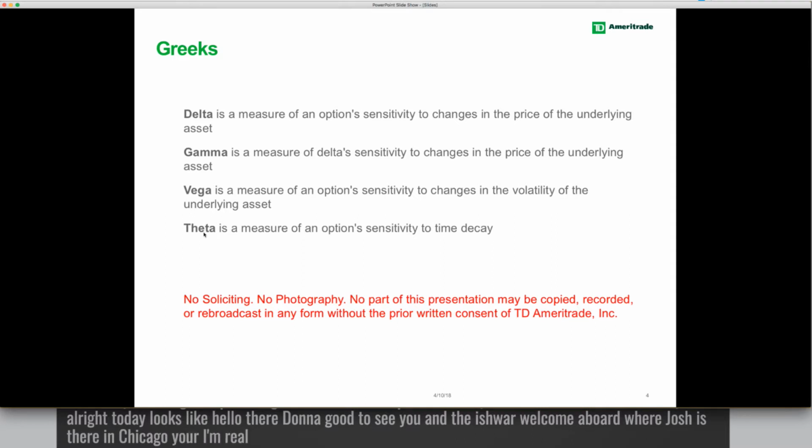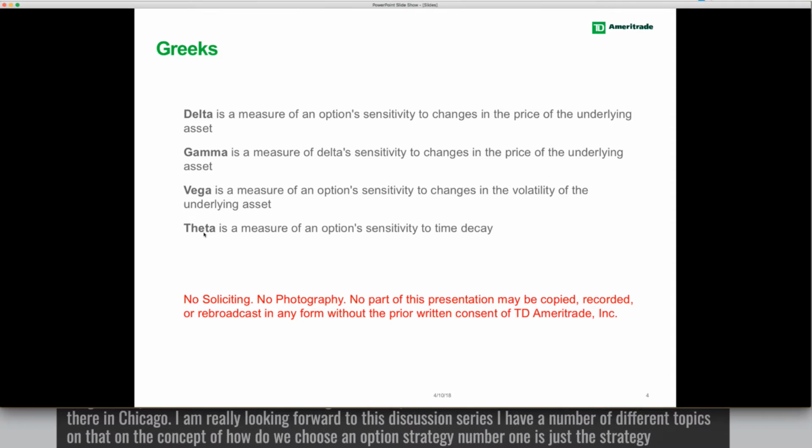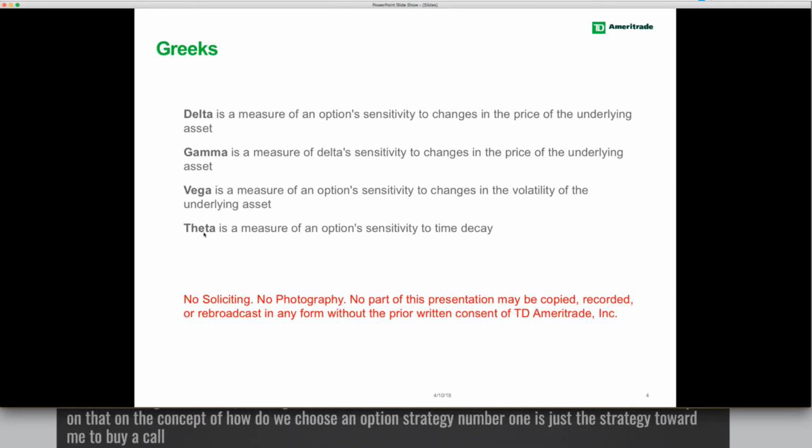Yeah, I am really looking forward to this discussion series. I have a number of different topics on the concept of how do we choose an option strategy. Number one is just the strategy itself. That's what we're going to talk about today. Do signs seem to be pointing toward buying a call or buying a put or selling a call or selling a put or a vertical spread or a covered call or whatever it might be?